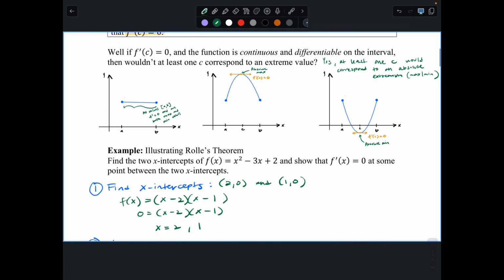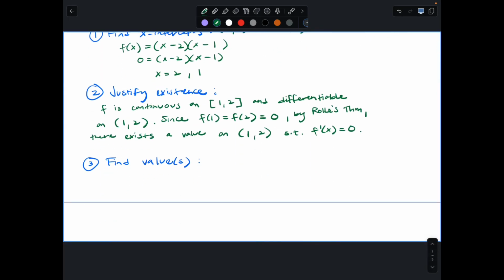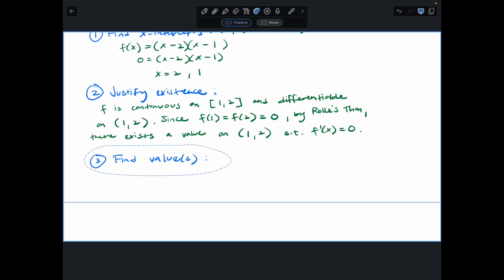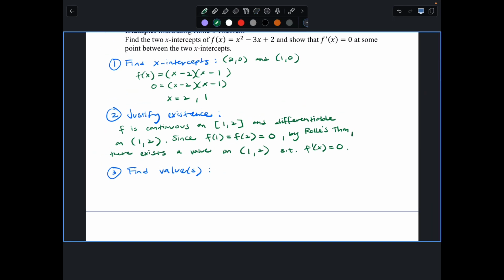Okay. So now we've proved its existence referencing Rolle's theorem, so we can go ahead and find the values of x where f prime would be 0. Value or values. Okay, so we need f prime. Little power rule.